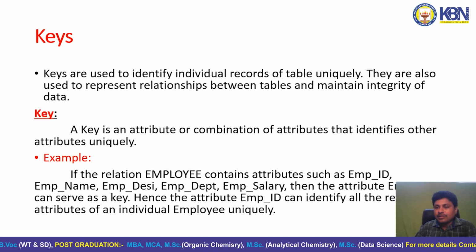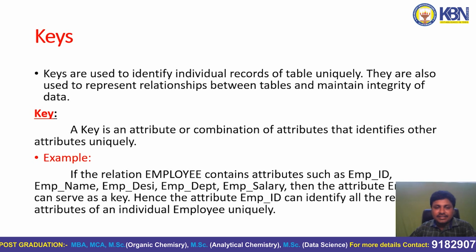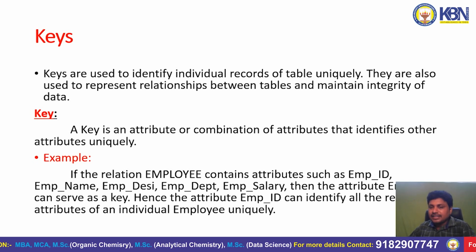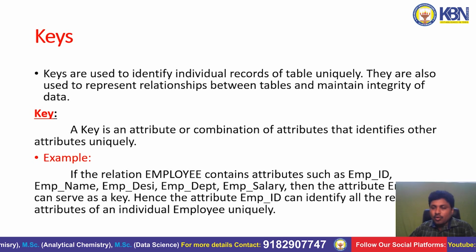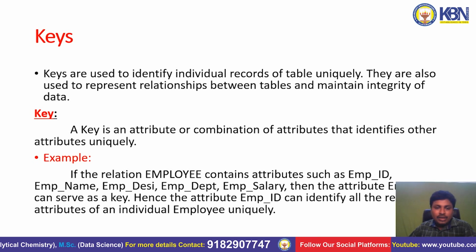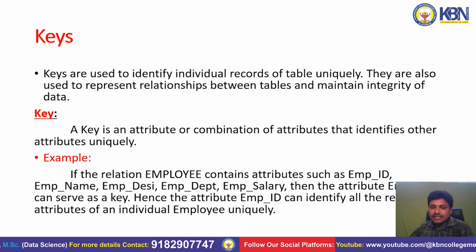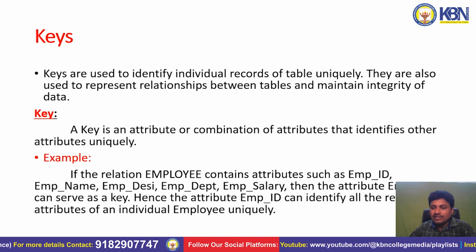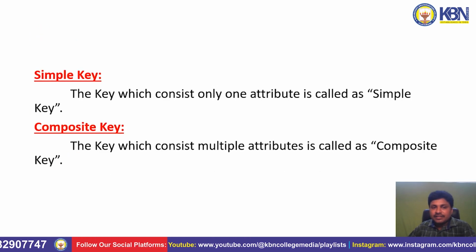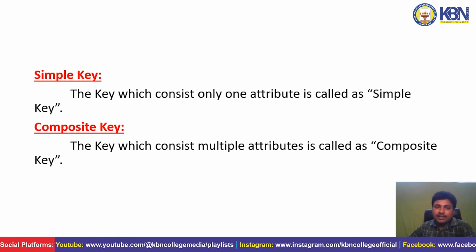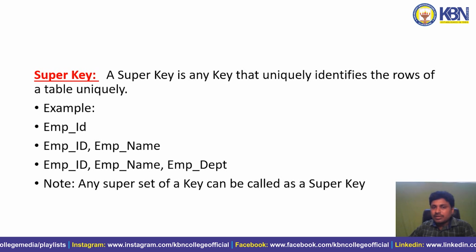At the same time, we can take another example, student. Student contains attributes student ID, name of the student, name of the course, and address. In that relation, the student ID can identify all the student's attributes uniquely. And what about the simple key? The key which consists of only one attribute is called the simple key. Composite key, the key which consists of multiple attributes is called the composite key. And what about the super key?